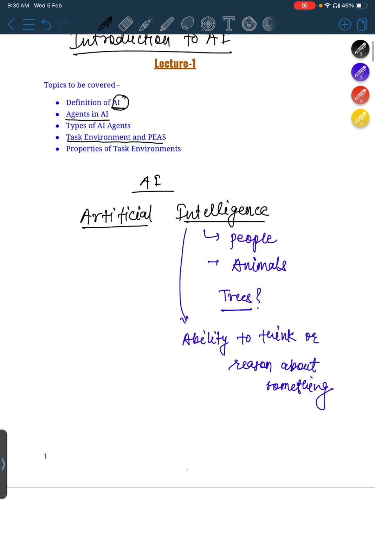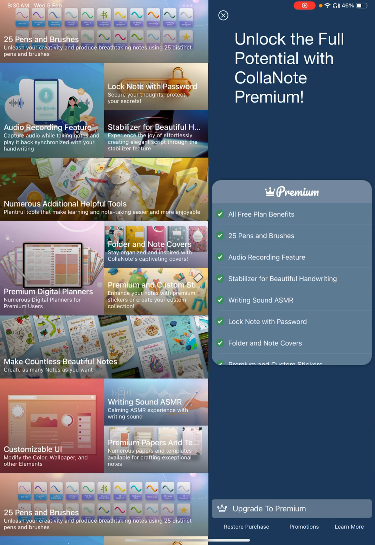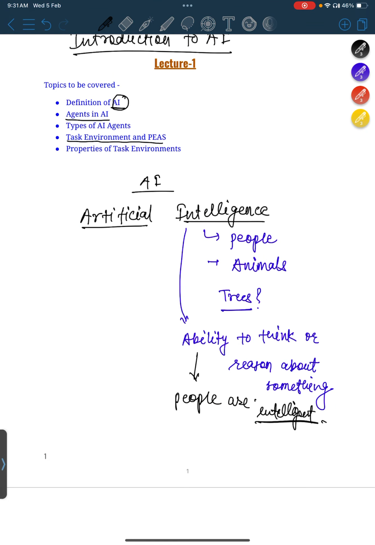If we use this definition, then we can say that yes, people are intelligent, at least most of us are. Humans can learn depending upon what they see. They can take decisions given the situations and so on. So if we define intelligence as the ability to think and reason about something, then what is artificial intelligence? Artificial intelligence, you can think of as a created intelligence.